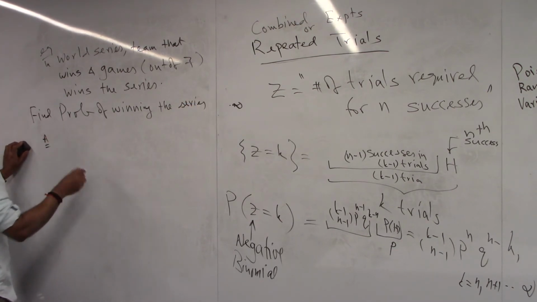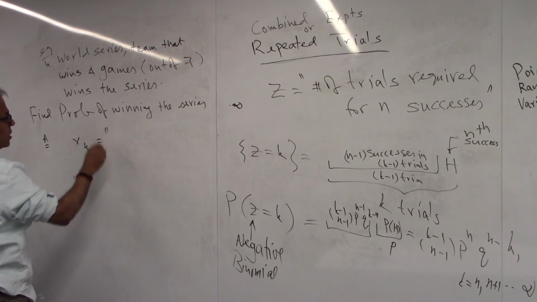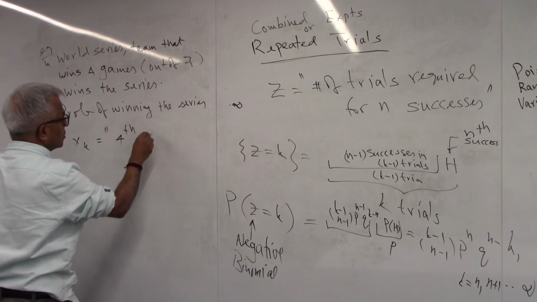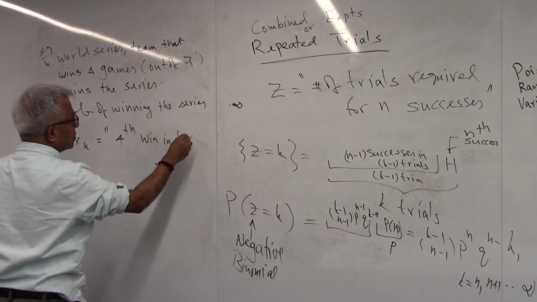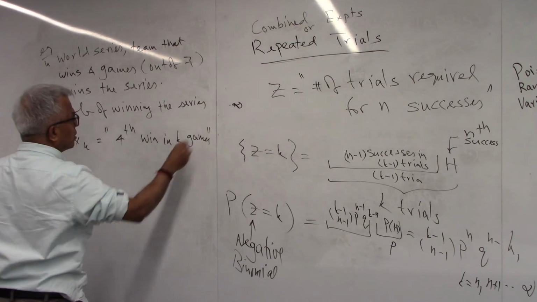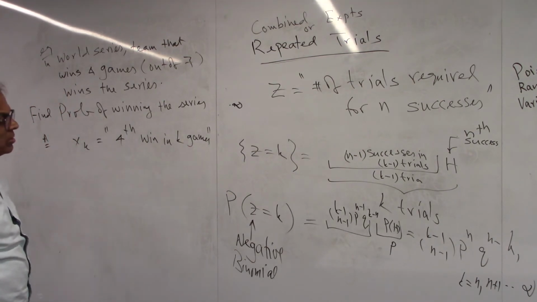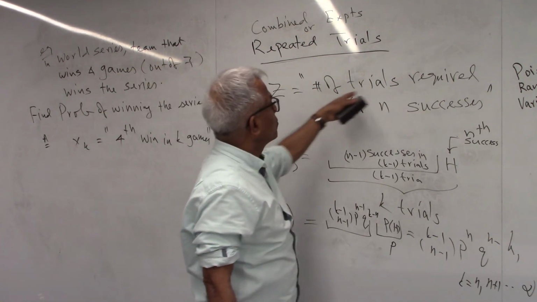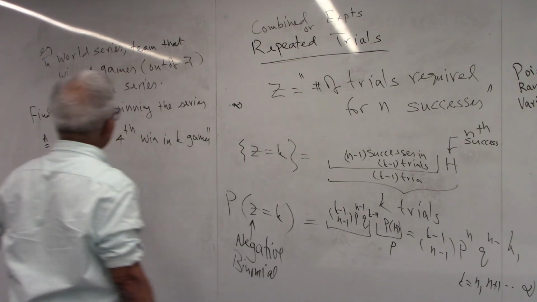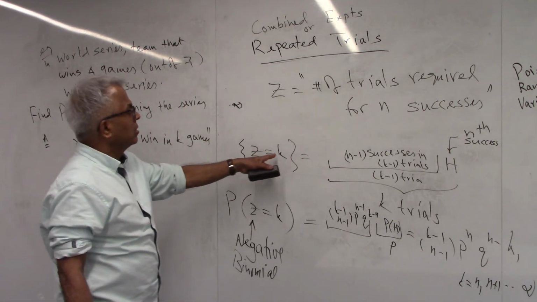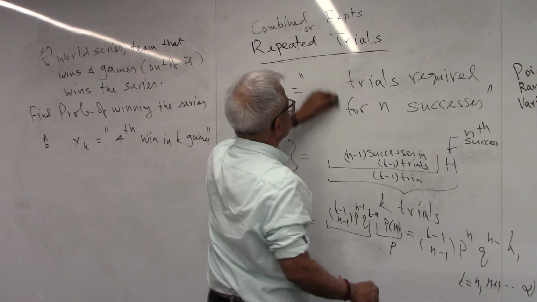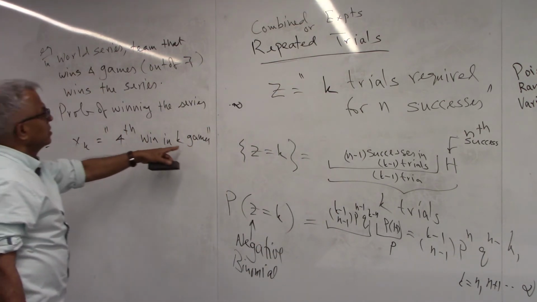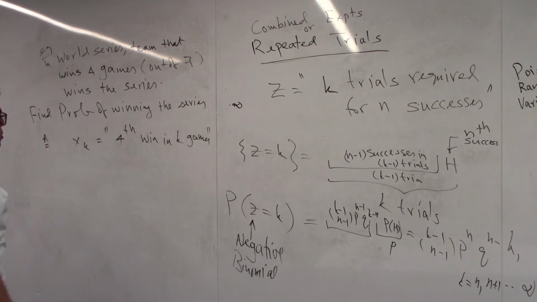So let's answer this quickly. Let Xk represent that when you play k games, the 4th win comes in the kth game. That's exactly this here, because it is the number of trials required for n successes. N is 4 here. So in k trials you get 4.